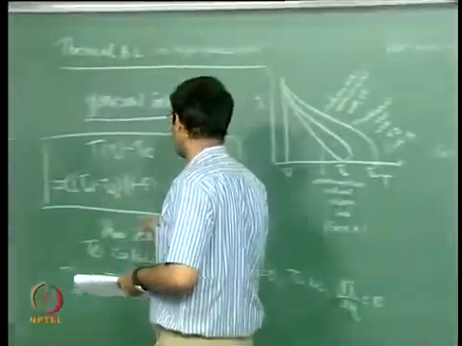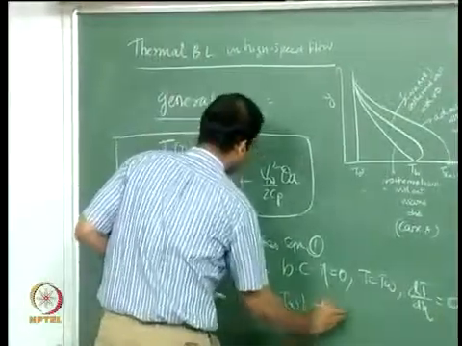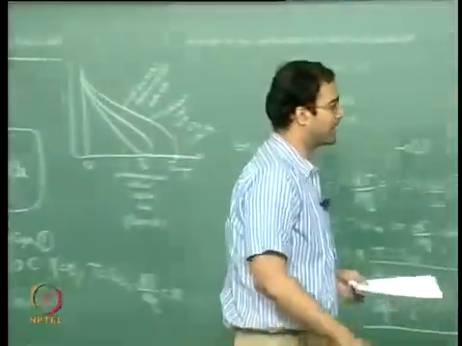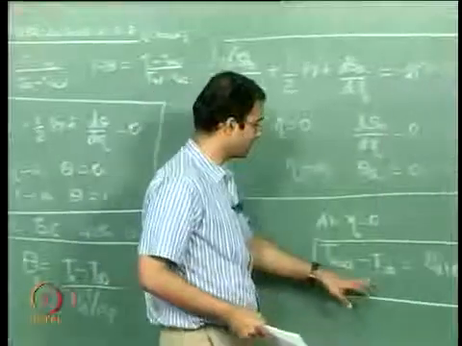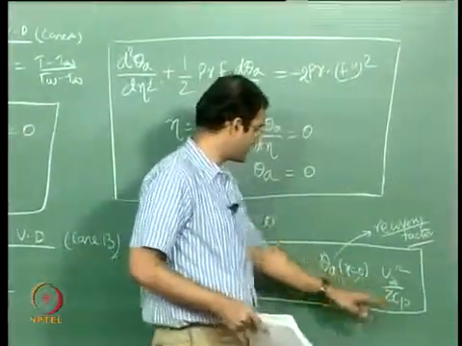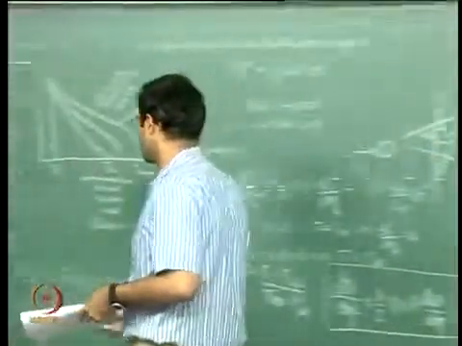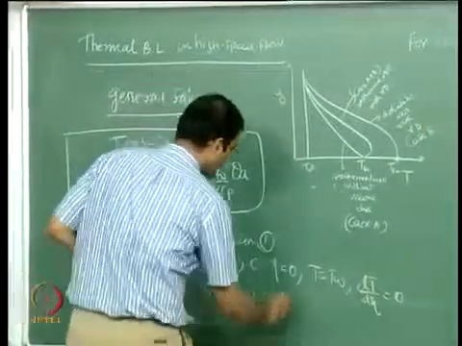Therefore this will be just 1 plus u infinity square by 2 Cp into theta a at eta equal to 0. Now from this definition, theta a at eta equal to 0 into this is nothing but T a wall minus T infinity.